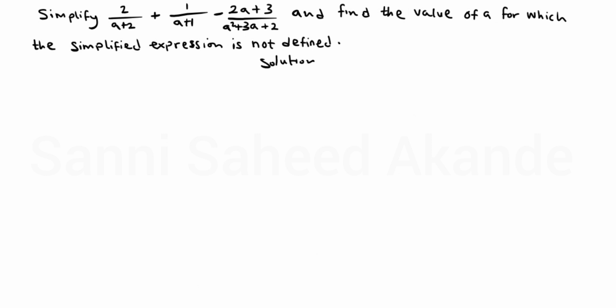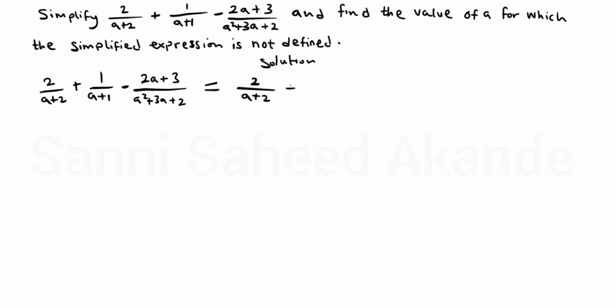Okay, so this expression given to us, 2 over a plus 2 plus 1 over a plus 1 minus 2a plus 3 divided by a squared plus 3a plus 2, can also be written with this last denominator, a squared plus 3a plus 2, factorized. When you factorize it you will get a plus 1 times a plus 2.